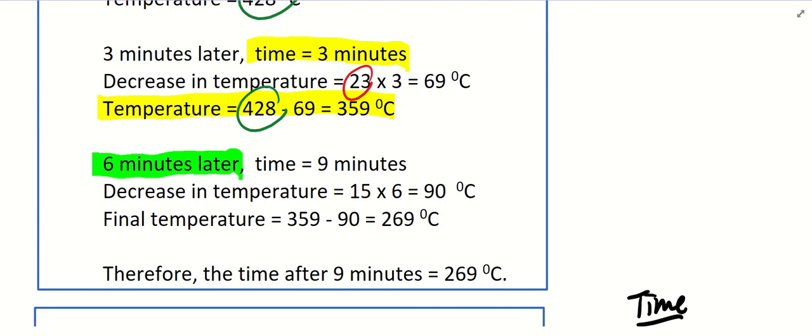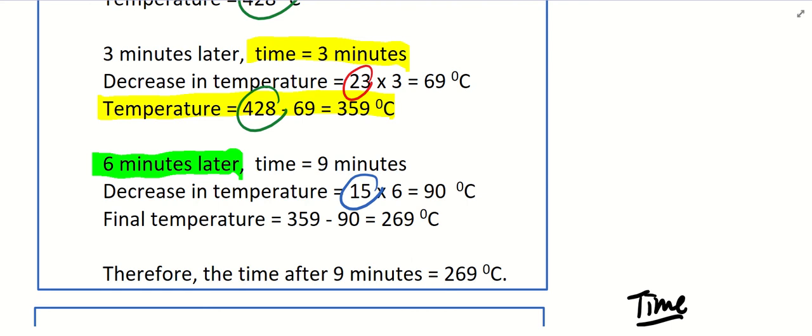And what is the decrease in temperature? We take the next rate, which is 15 degrees Celsius per minute. Remember, there's a different rate now, times 6 minutes. Be careful, it is 6 minutes, not 9 minutes. Because after 3 minutes, 6 minutes have passed to reach the time of 9 minutes.